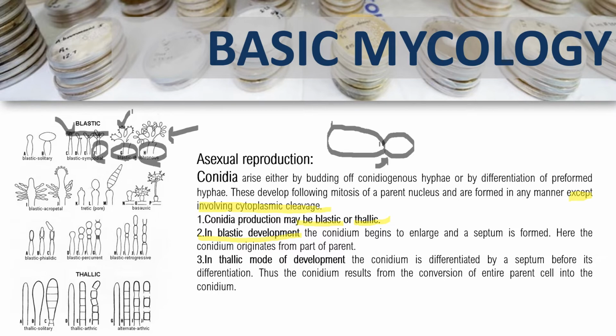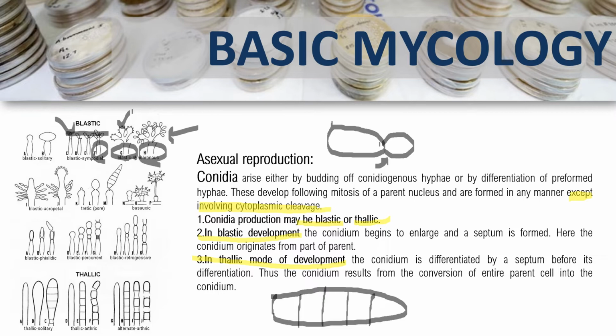Okay, in thallic mode naman class, thallic development naman class, thallic mode of development, the conidium is differentiated by septum before its differentiation. So, ano yung ibig sabihin nito class? So, one parent lang siya class na magde-develop and then they will form a septum. Okay? They will form a septum.